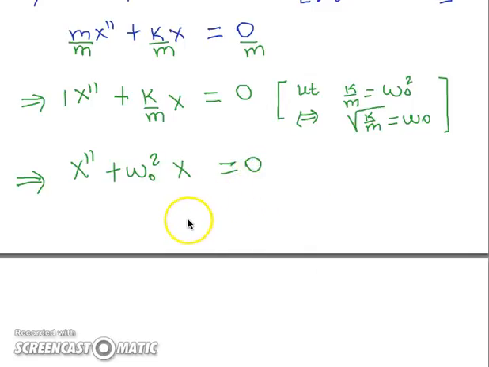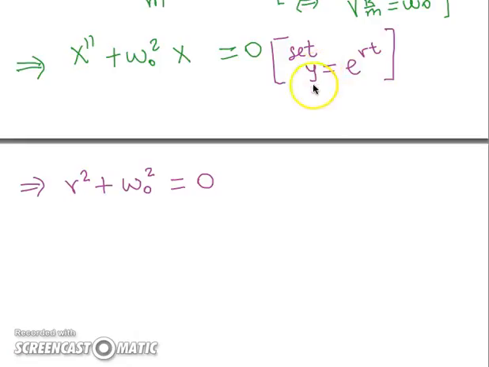Now we can derive the characteristic polynomial, the characteristic equation for this. We can compute the first and second derivative of the state variable x, and this would be what we call the characteristic equation, the characteristic polynomial.